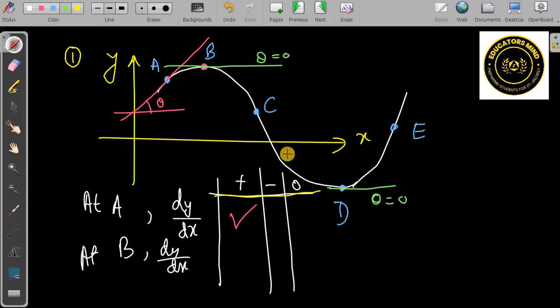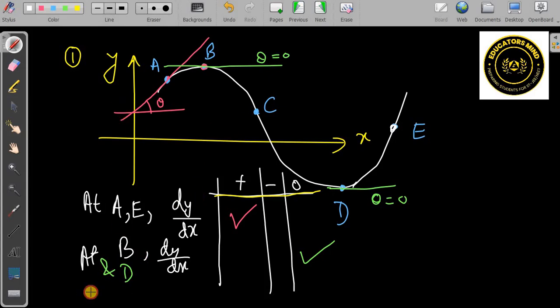So at B and D, dy by dx is going to be 0. Similarly at point A and E also, E point also has the same positive slope. Values may be different, but the slope is positive at E also.